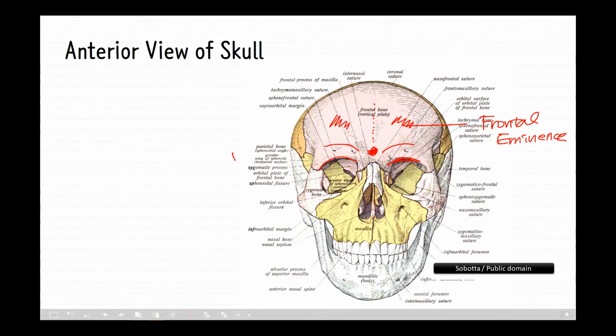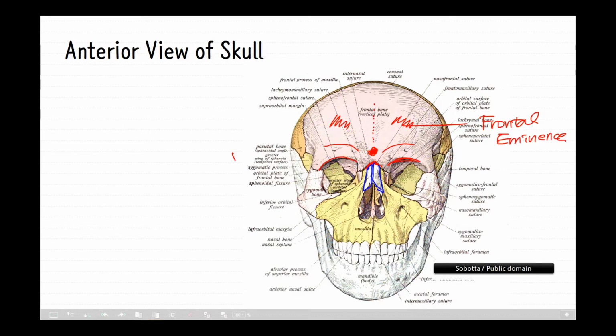The frontal bone articulates with the two nasal bones at the frontonasal suture. This is the frontonasal suture, and this is the nasal bone. It is marked by the depression at the root of the nose, the point at which the frontonasal and internasal sutures meet.